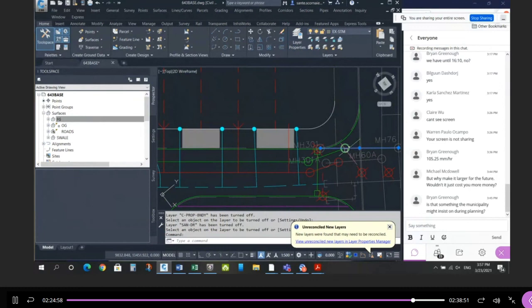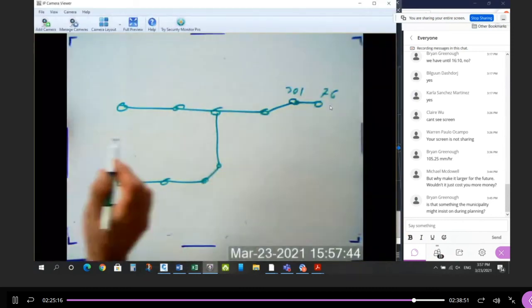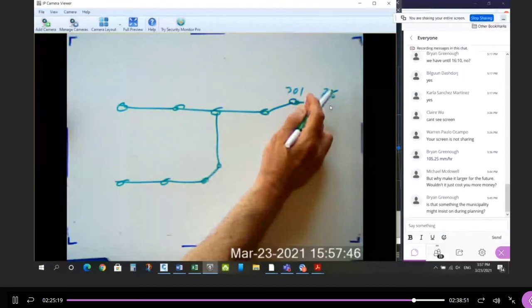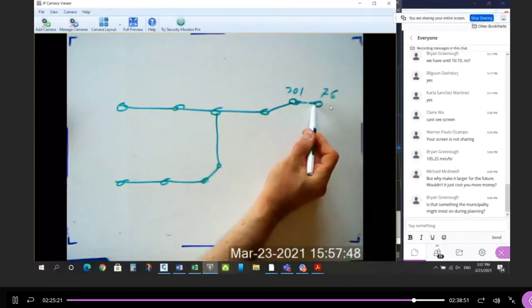So this one, even though it got shorter in my case, it'll show the existing pipe. And then maintenance hole 76 and 301, right? So this is fixed, 76, this is fixed. Now, even though this is 301, if I move it, I'm still going to call this one 301. And then it looks like this, right? So 76, 301, this is the existing pipe here.